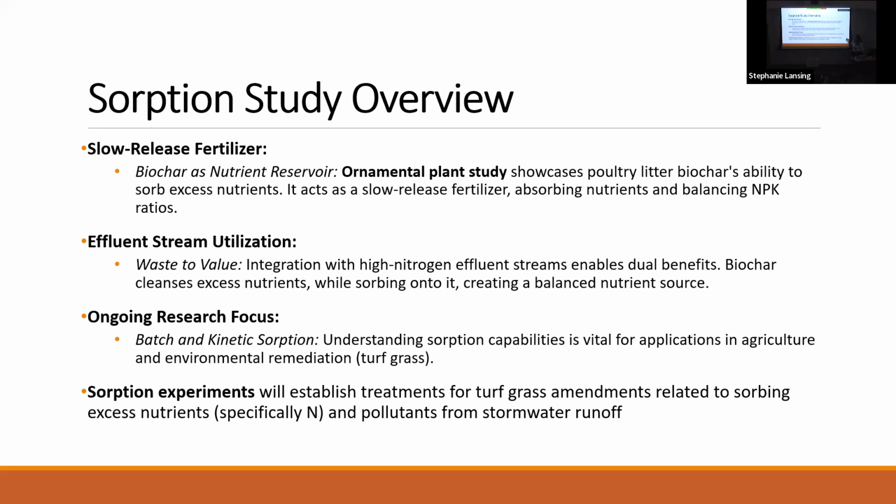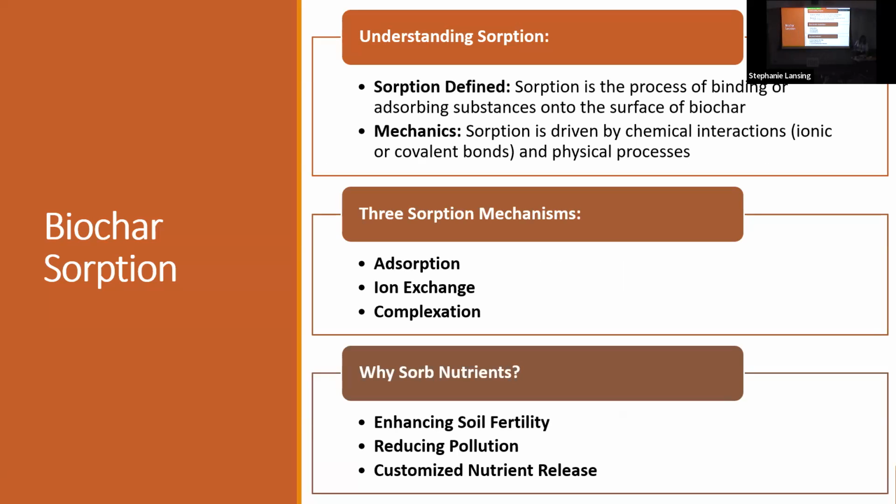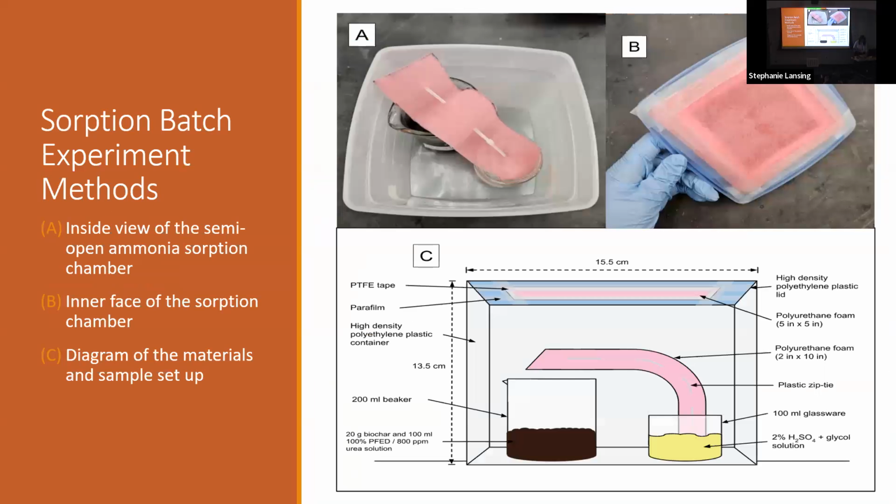I'm looking at specifically batch and kinetic absorption experiments, to understand more of the mechanics of how this absorption occurs within the poultry litter biochar. Since there are different mechanisms, I'm specifically focusing on adsorption of these nitrogen components to the surface of the biochar in order to enhance soil fertility, reduce pollution, and customize that NPK ratio.